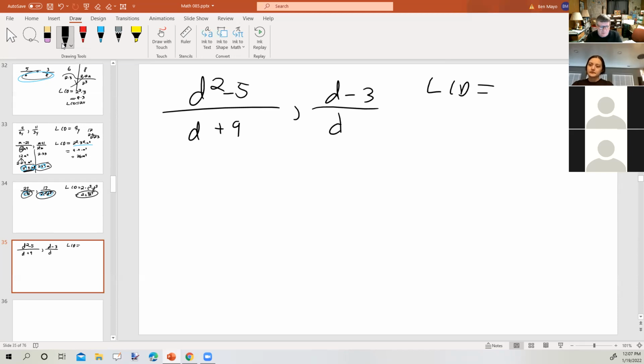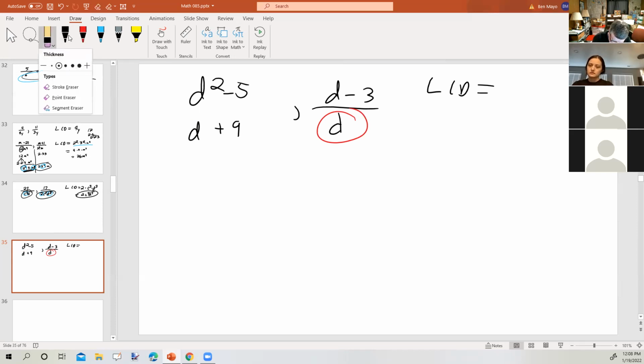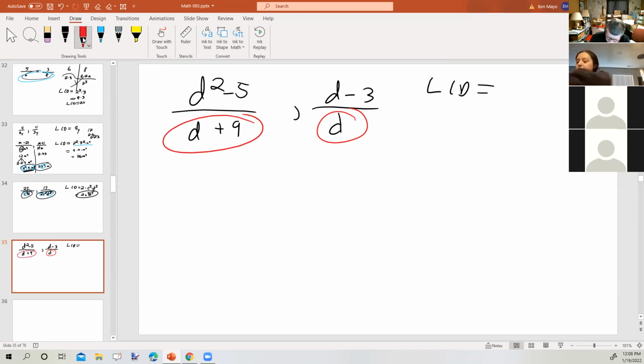Now, here's where people make the common mistake. This D is a factor. This D is not a factor. The factor of the first denominator is that whole thing.